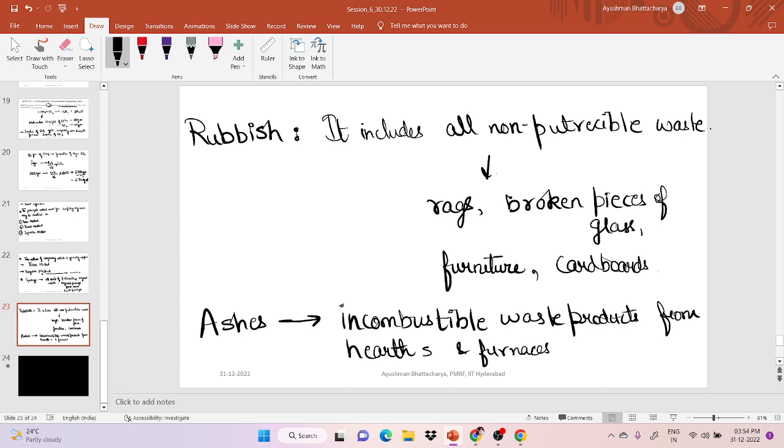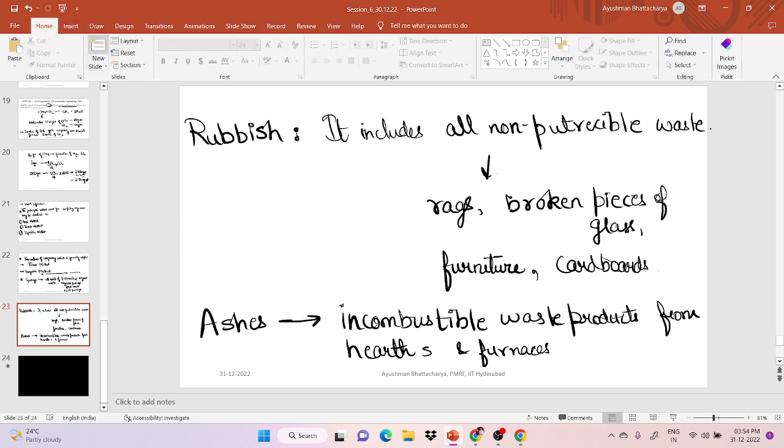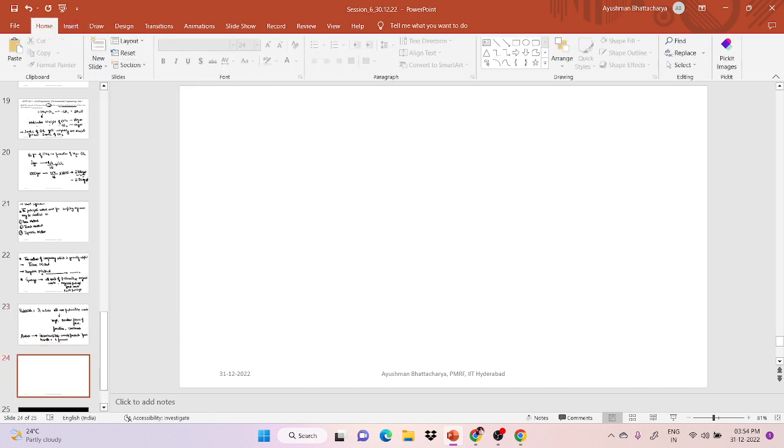And apart from this, another basic topic is types of solid waste.